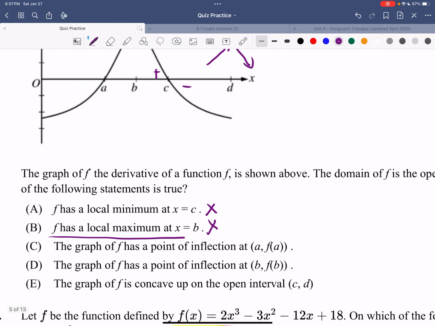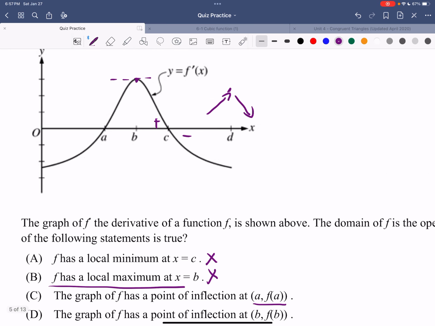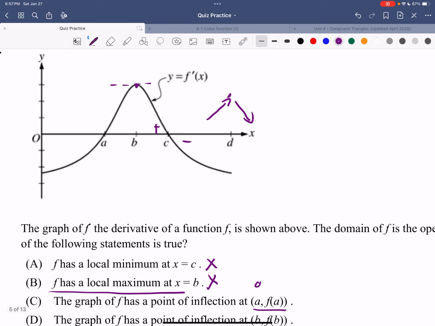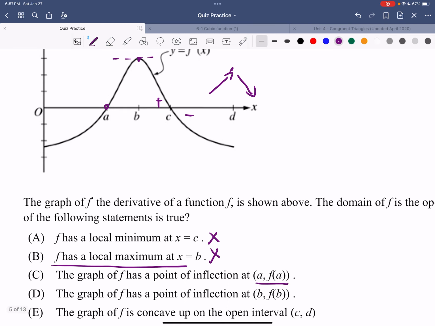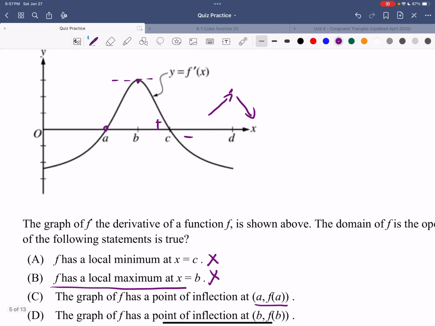F has a point of inflection at a, f of a, which is a point of inflection. Now, in order to be an inflection point, you should have what is that called?